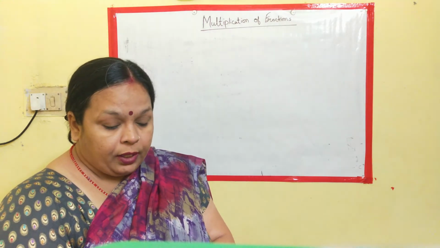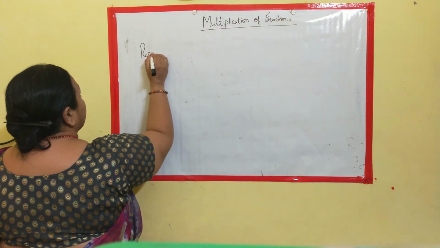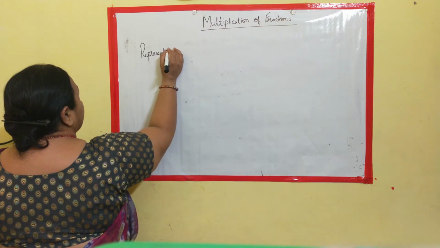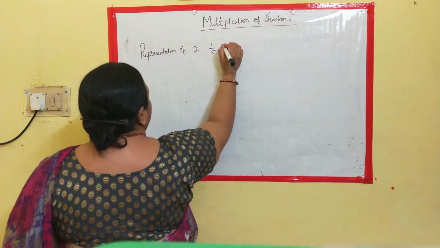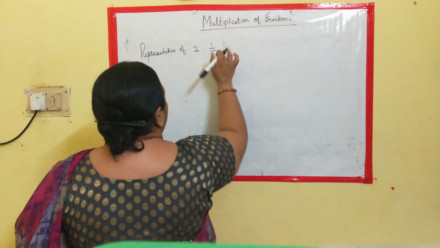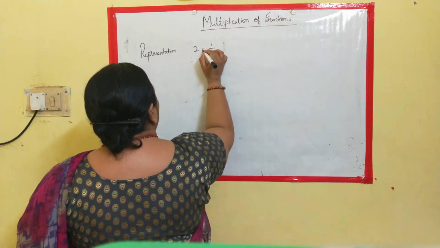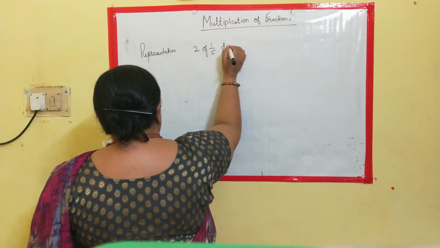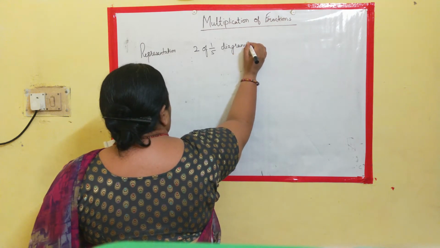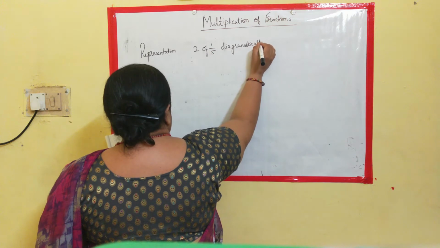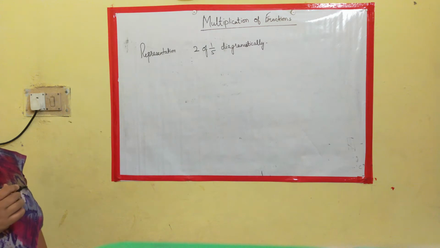Quickly we will be seeing a few examples where representation of 2 of 1 by 5 is shown.